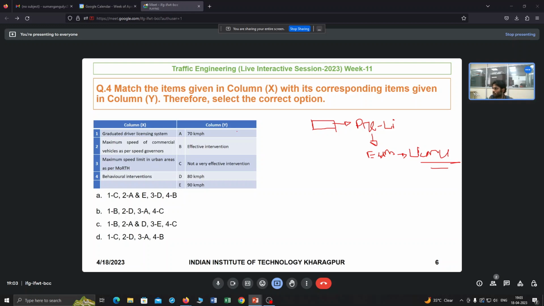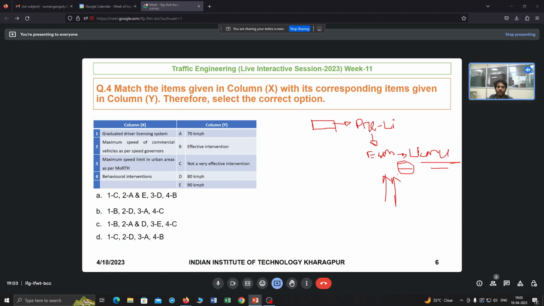Now the problem with this is, suppose we are new and we just know how to operate vehicles and have a fairly good idea about road traffic signs, so we get the license, but we are not efficient enough to drive on expressways or national highways, and that may also lead to accidents.